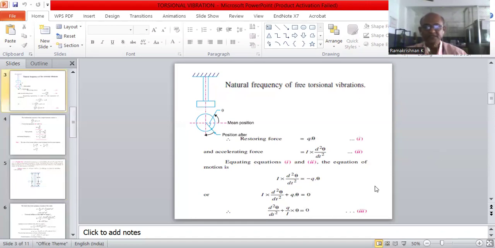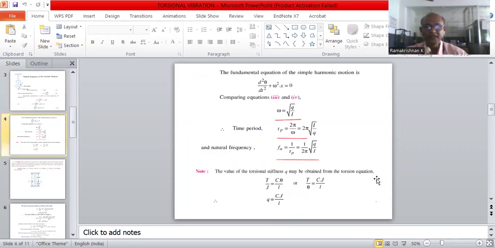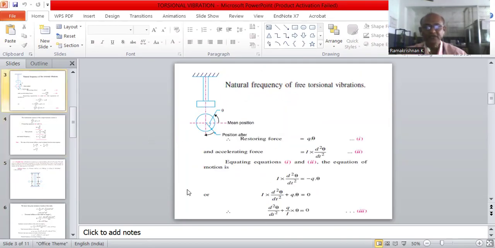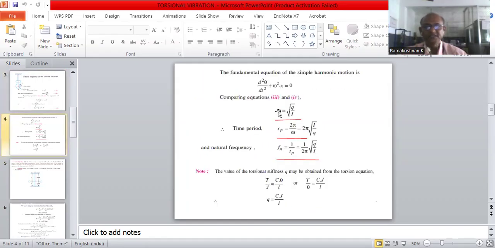Here the equation resembles the equation of simple harmonic motion. Comparing the simple harmonic motion equation and our equation, omega squared equals Q by I, and omega equals square root of Q by I. So it is the angular speed.